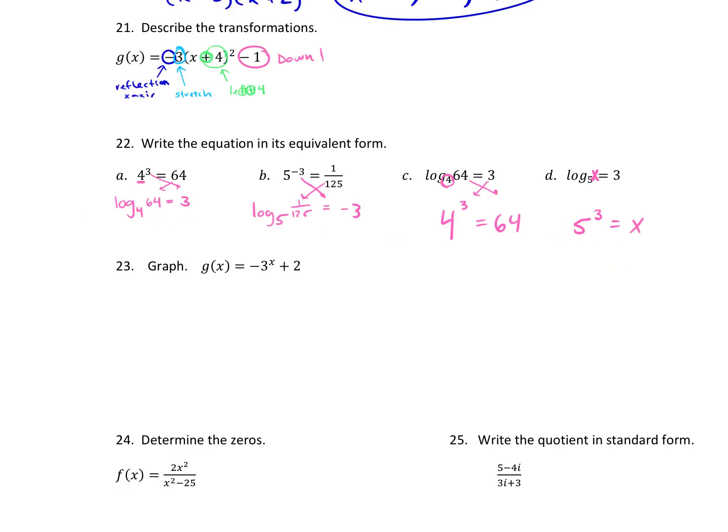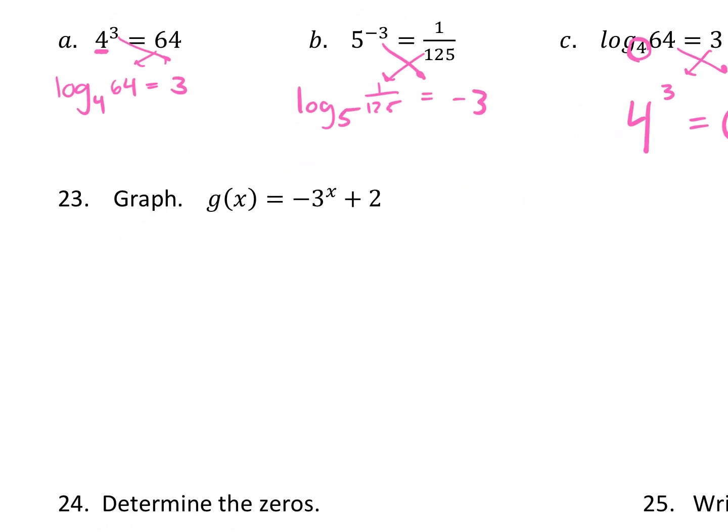For something like 23, I would maybe start by finding our x and y intercepts. It's multiple choice. Use the answer choices, process of elimination. Use the answer choices to help you. So to find the y-intercept, where we cross the y-axis, plug in 0 into x.